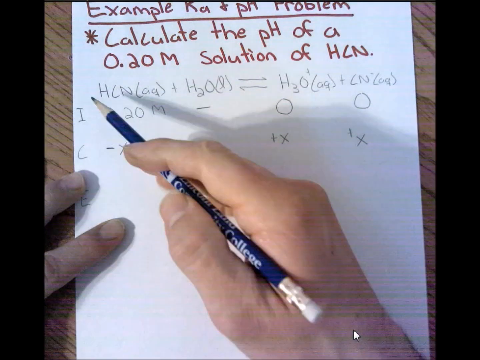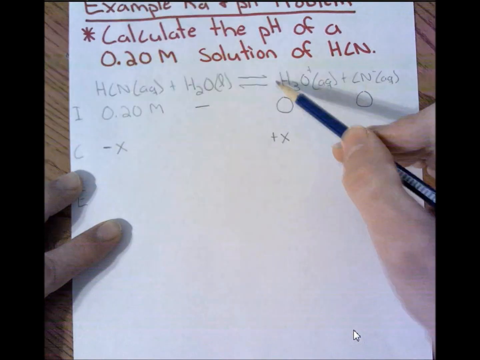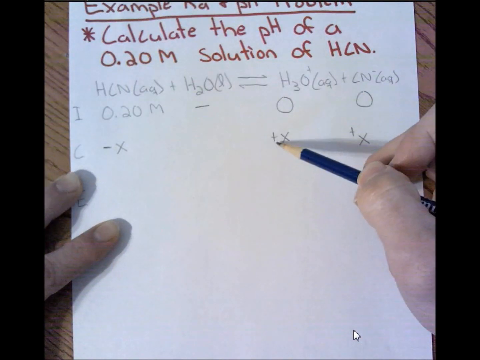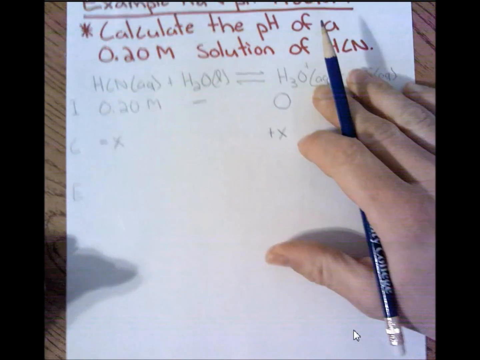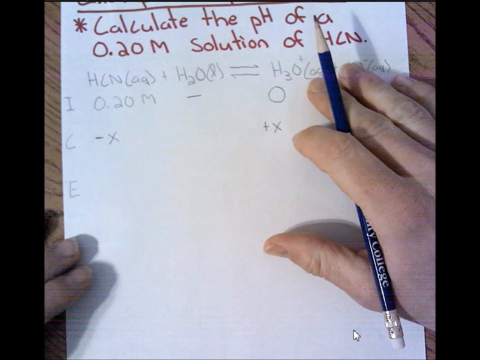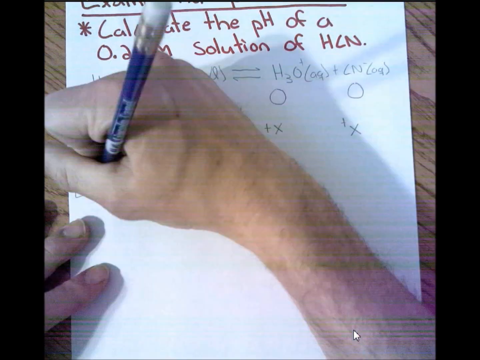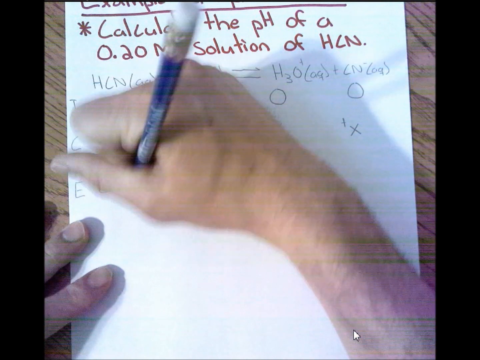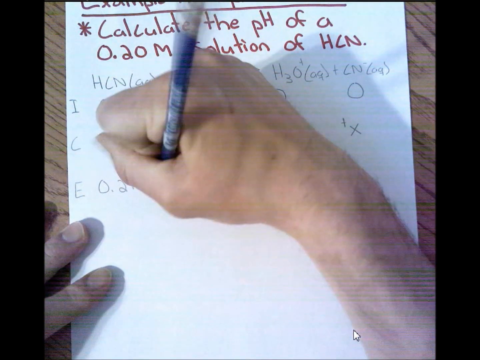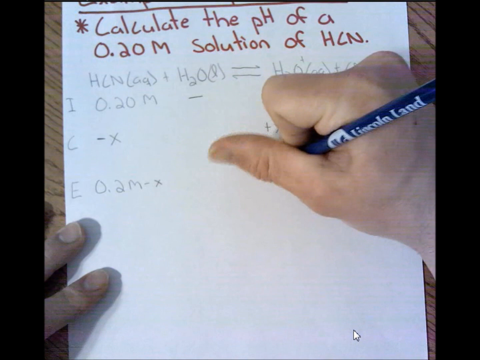Now what we get into is our equilibrium values. And so we're left with 0.2 molar minus X. This 0 plus X is X, and then cyanide 0 plus X is also just X. Now we can concentrate on our Ka.